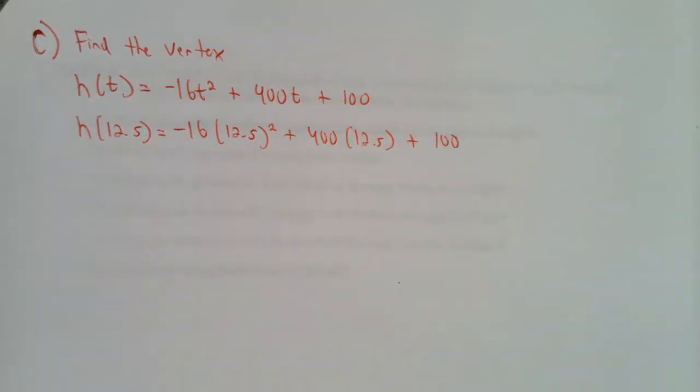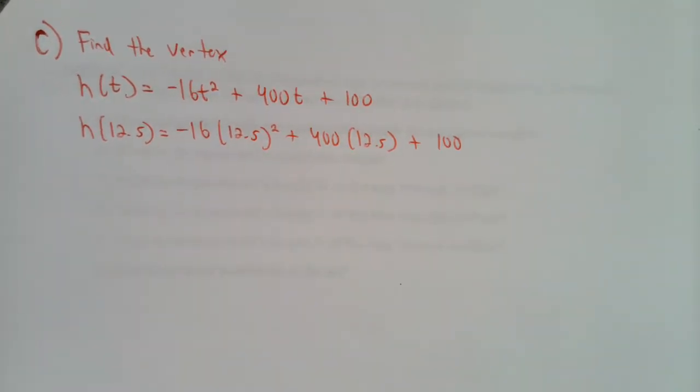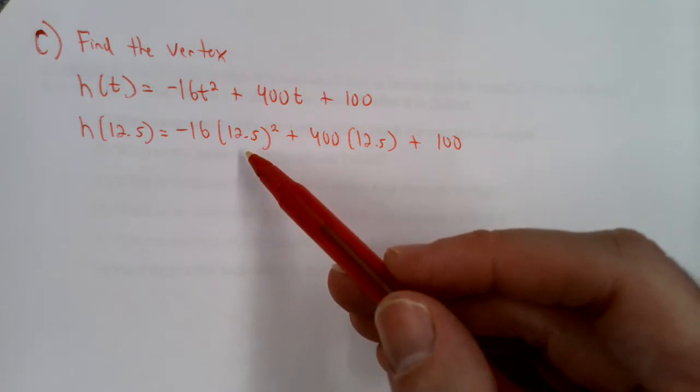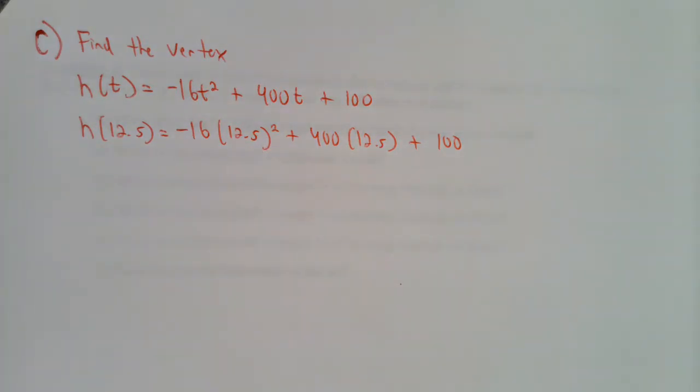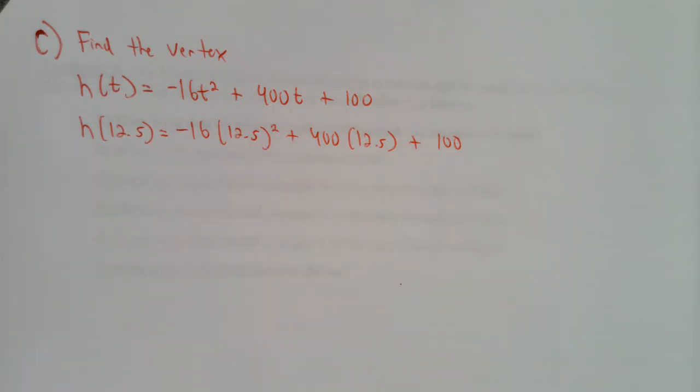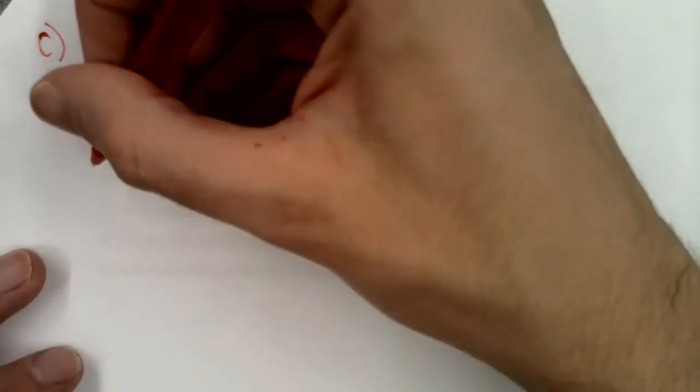If you're watching this video, try it on your own first. So maybe pause the video, but you're doing 12.5 squared times negative 16. That should give you negative 2,500, okay?